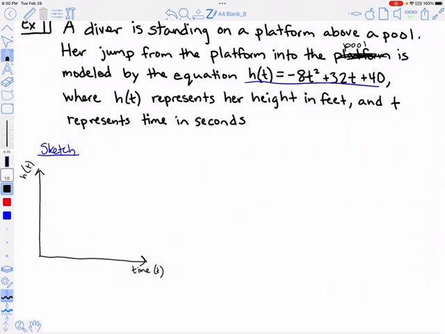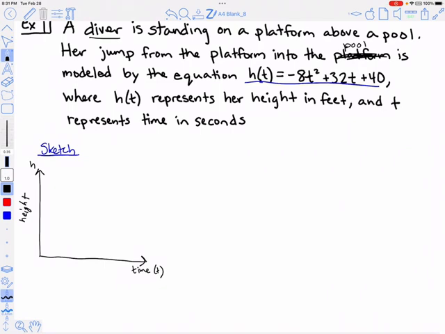So we have a t axis and a height axis. I'm just doing quadrant 1 because we're modeling time, so time is never going to be negative. And because of what I'm talking about, a diver standing on a platform above a pool, that's going to be positive, at least until she goes into the water, but I think we're just pretty much modeling her jump.